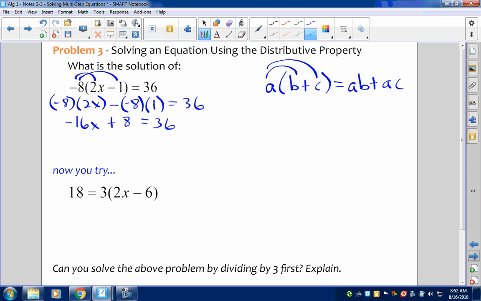And now we're right back at the two-steppers. So we'll subtract 8 from each side. Negative 16x equals 28. And then divide by negative 16 on each side. And so negative 28 over 16 is a fraction that can be reduced. It's an improper fraction, right? So it can be reduced.